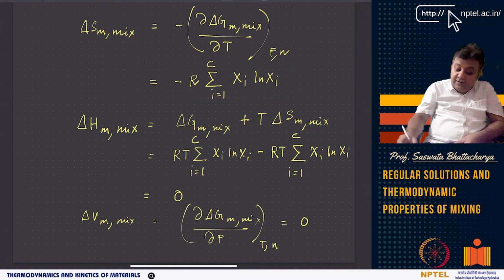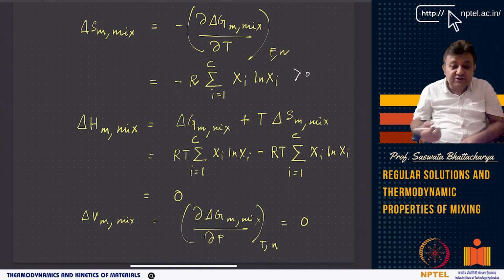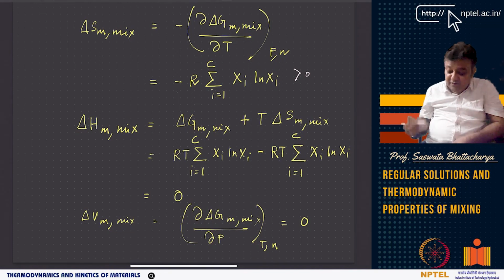So delta Gm mix is RT xi ln xi, that is, delta Hm mix minus T delta Sm mix, where delta Sm mix is minus R xi ln xi, multiplied by T. So delta Hm mix, the enthalpy of mixing for an ideal or a perfect solution where there is no interaction between the different kinds of atoms or molecules, is basically zero, right?